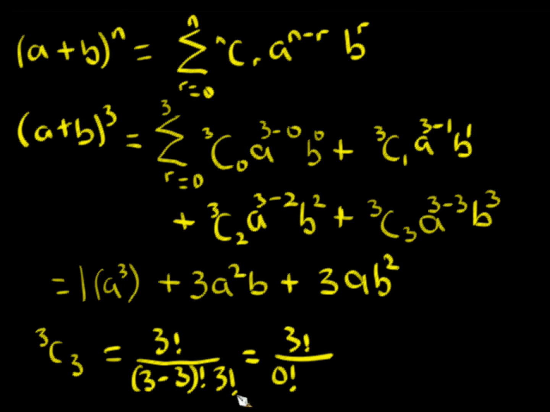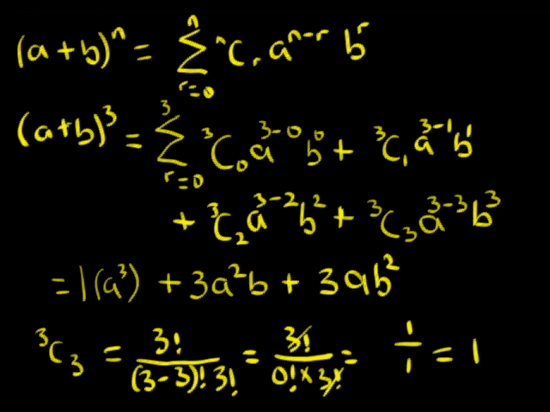Now 3 factorial here still becomes 3 factorial, so this cancels out and this cancels out. Now remember, we were able to prove that 0 factorial gives us 1. So this becomes 1 over 1, right? This has cancelled, giving us 1 all over there, and this would give us 1.